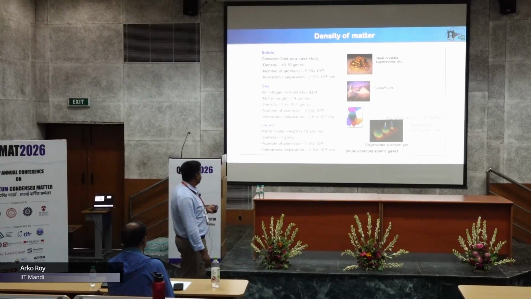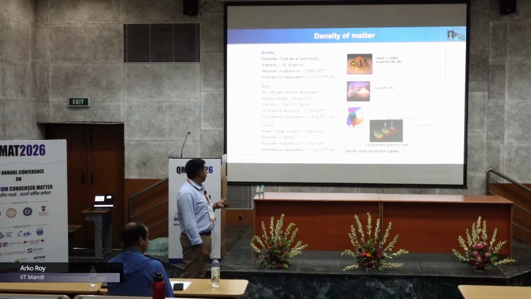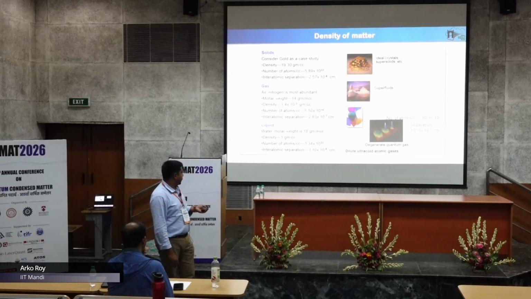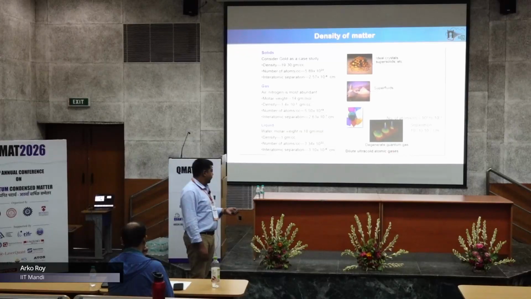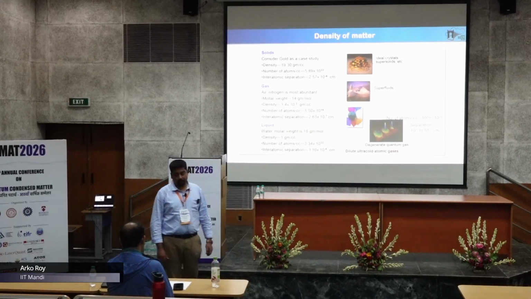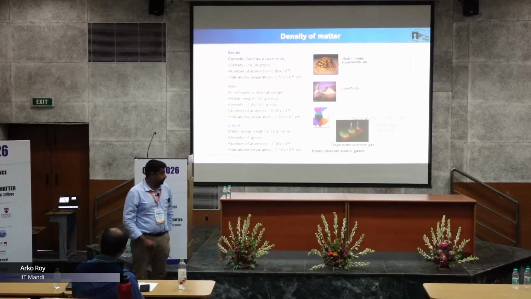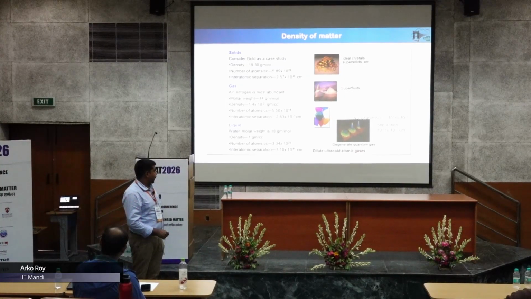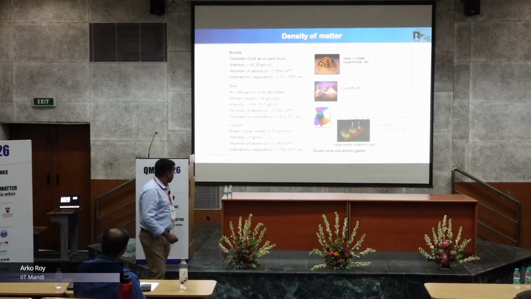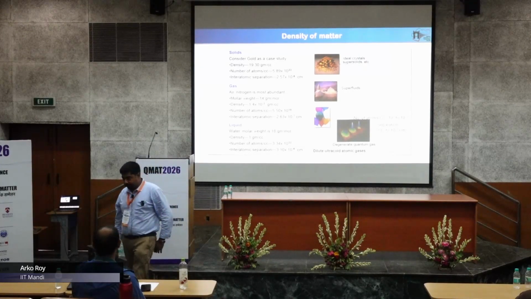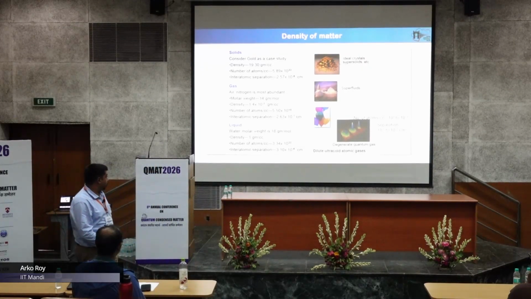Solids, gases, and liquids have interatomic separation of the order of 10 power minus 8 centimeter, roughly. We have a separation of around 10 power minus 6 to 10 power minus 3 centimeter. In BEC systems the density is of the order of 10 power 9 to 10 power 14, compared to even gas at normal room temperature and pressure, which is about 10 power 19.